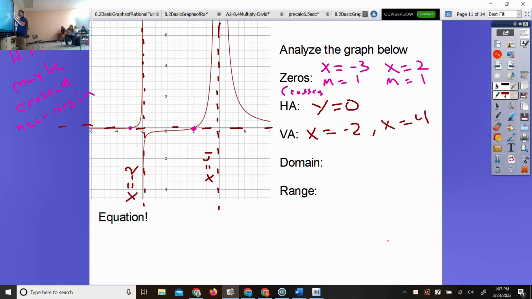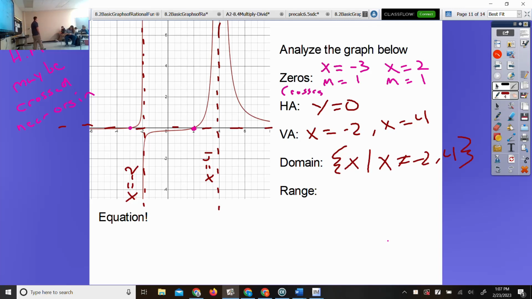Those are the things that x actually can't be. It's kind of funny we say x is, because you're writing equations of lines that aren't there. But those are also the things that x cannot be. So what's your domain? X does not equal... All values of x such that x is not -2 or 4.